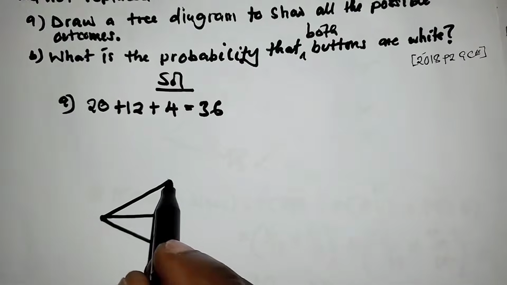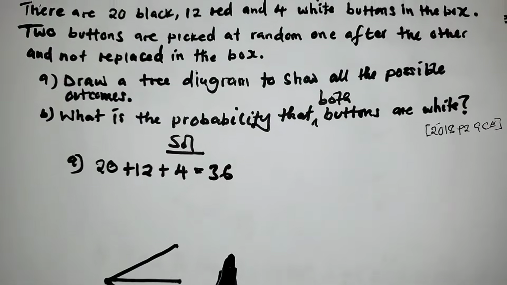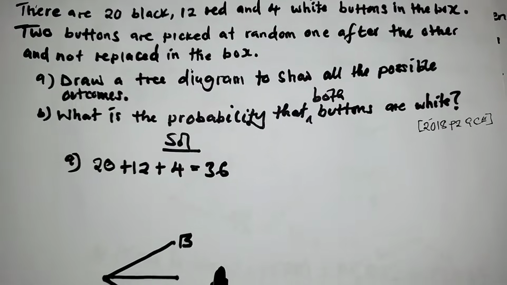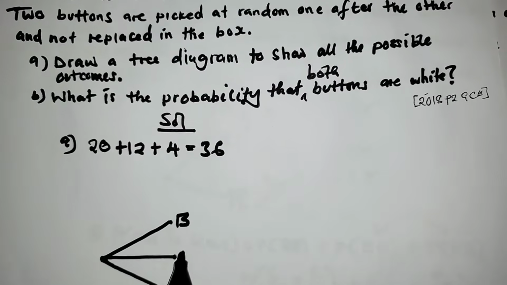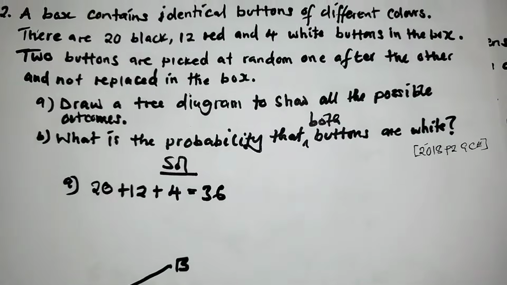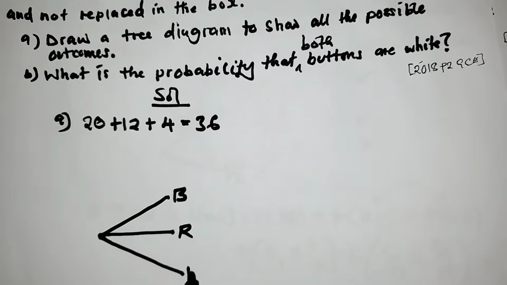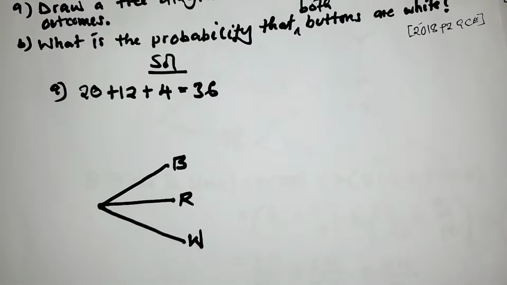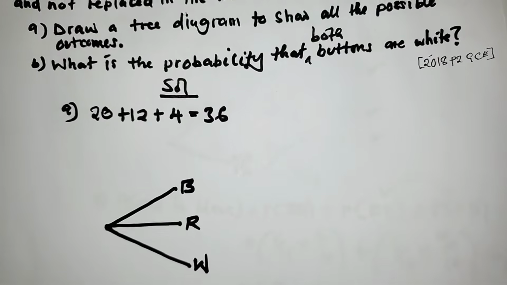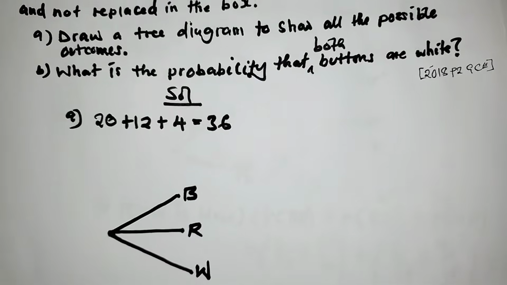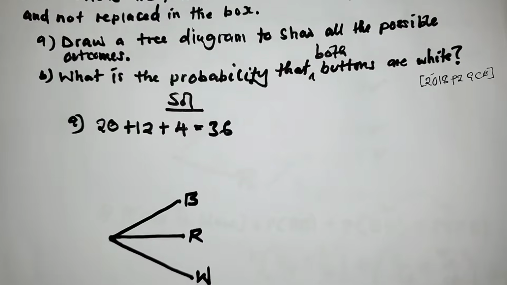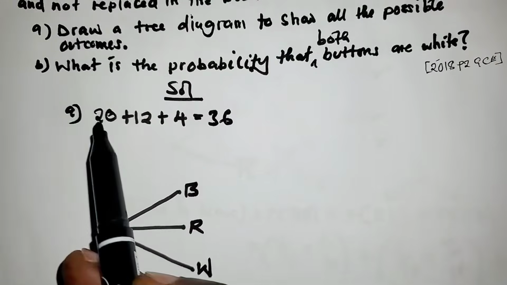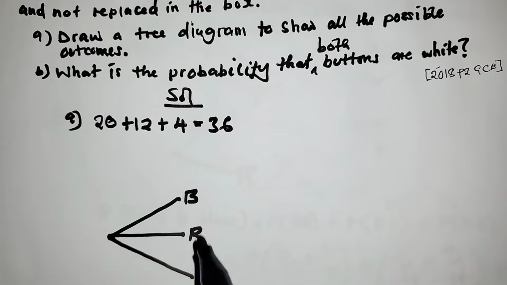The first color is black, so we're just going to write B. The second one is red, so we're going to write R. The third and last one is white, so we're going to write W. This is the first picking, so we write these numbers the way they are.